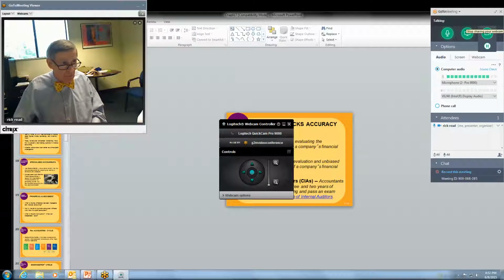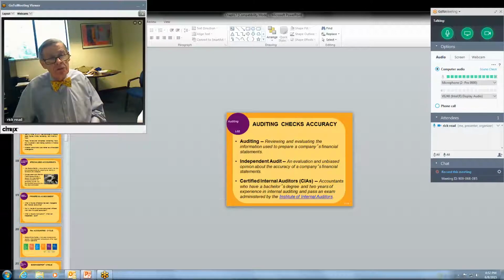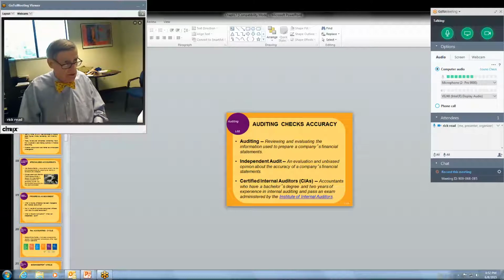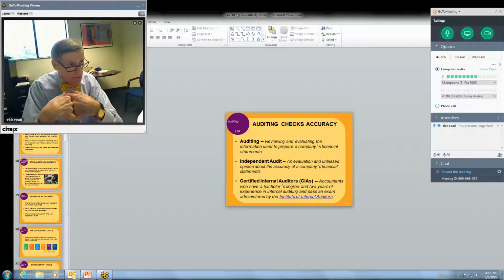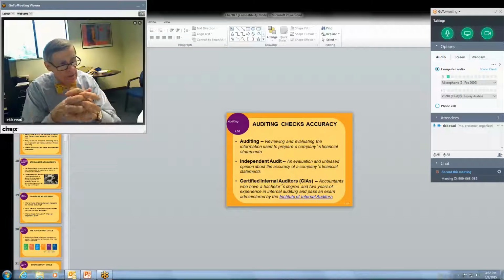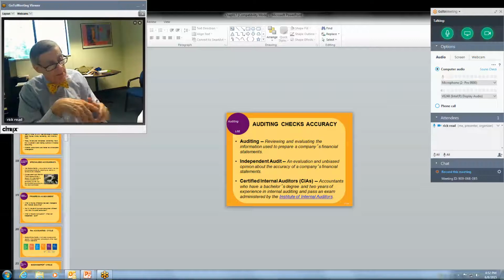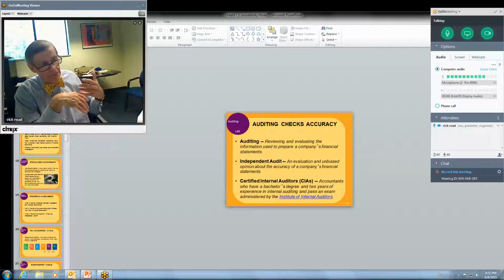Independent audit is exactly what it says. Now, there's some issue with thinking about the term independent audit, and I want you to think about this. I'm not asking you to change your mind or anything else, nor am I saying that what I'm going to say is nefarious. It's not. But if I own a company or I'm the CEO of a company and I hire an independent auditor, is the independent auditor still independent because he or she or that company is under contract to my company to prepare an audit?